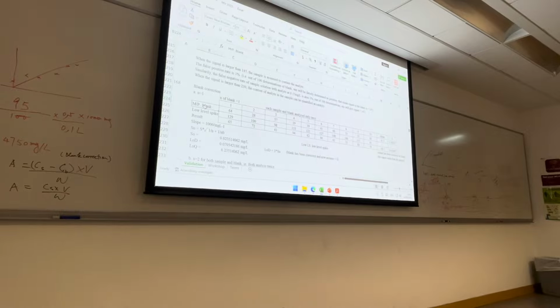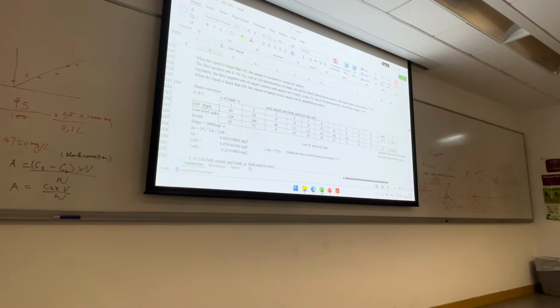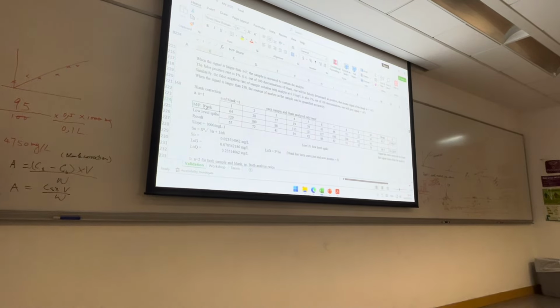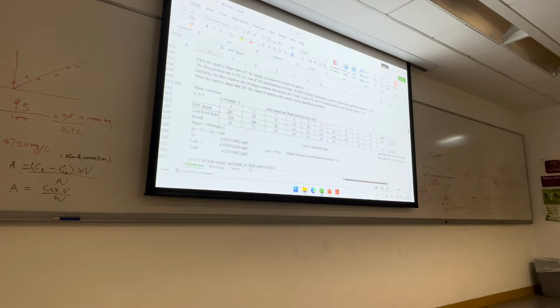The blank meaning procedure blank. Should be the procedure blank, okay? So procedure blank, I just use the data from above, okay?